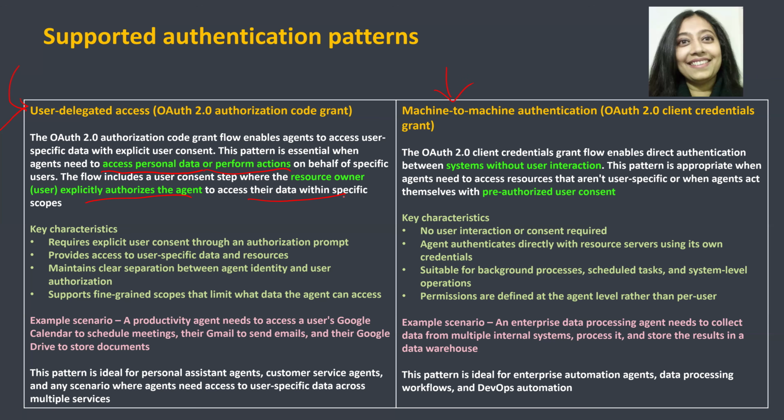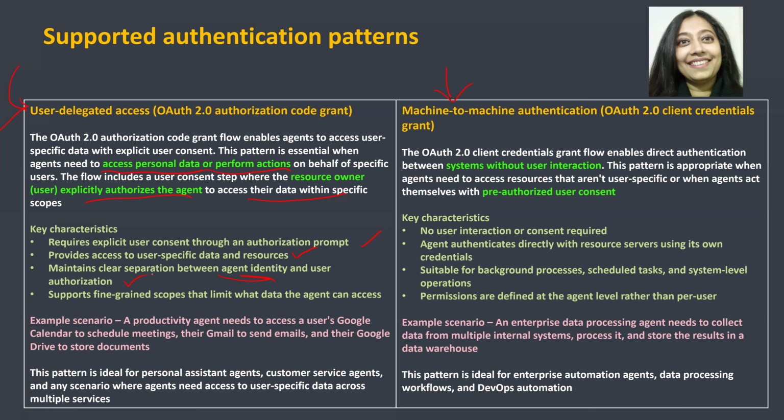Okay, so for user delegated access, you require explicit user consent through an authorization prompt, provide access to user specific data and resources, maintain clear separation between agent identity and user authorization, and most importantly, support fine-grained scopes that limit what data an agent can access.